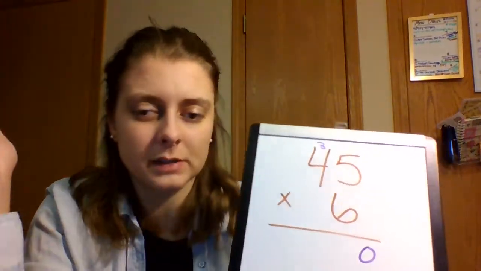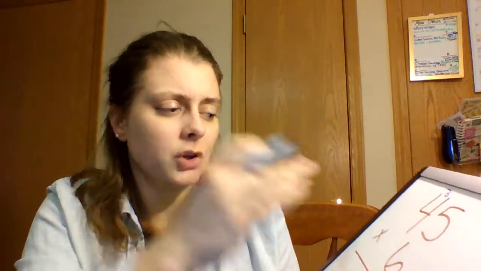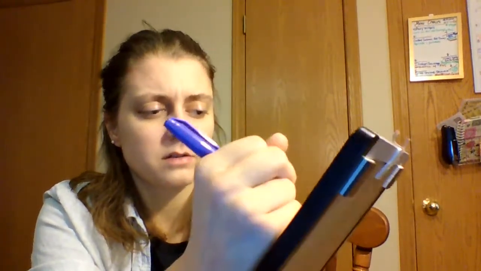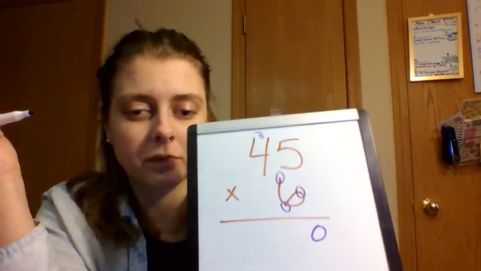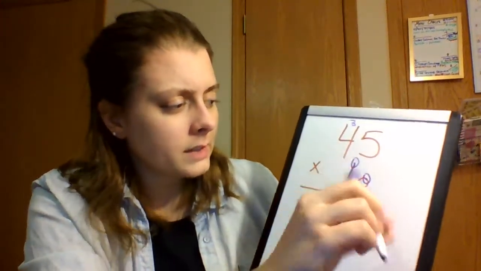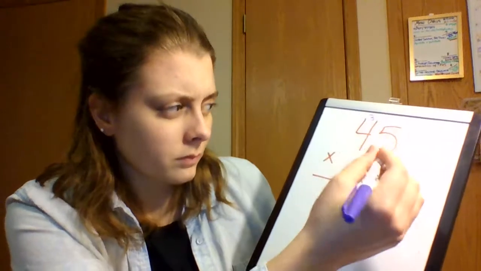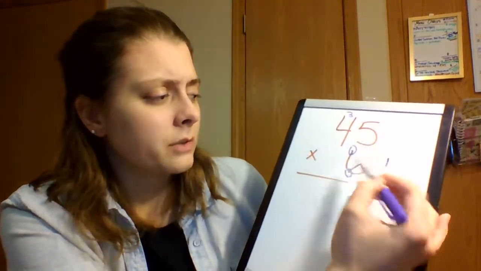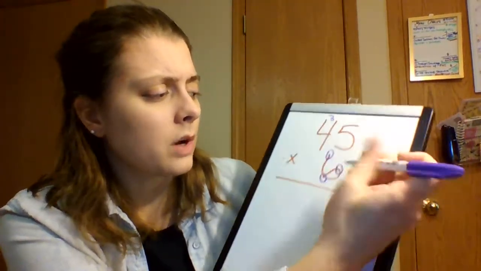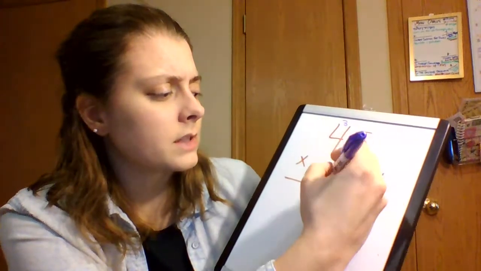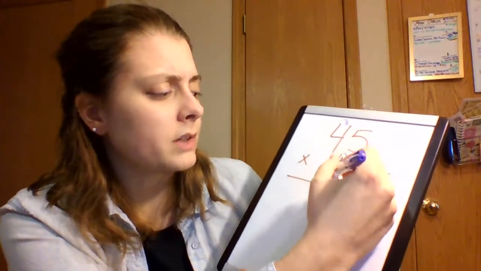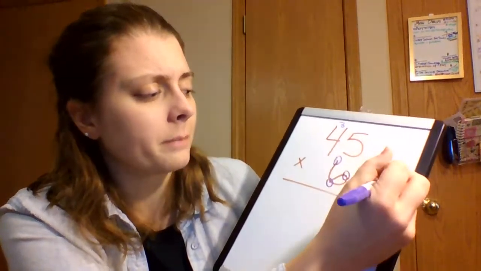4 times 6. I can use my touch points. 6, and I want to do it 4 times. So 6, 7, 8, 9, 10, 11, 12, 13, 14, 15, 16, 17, 18, 19, 20, 21, 22, 23, 24.